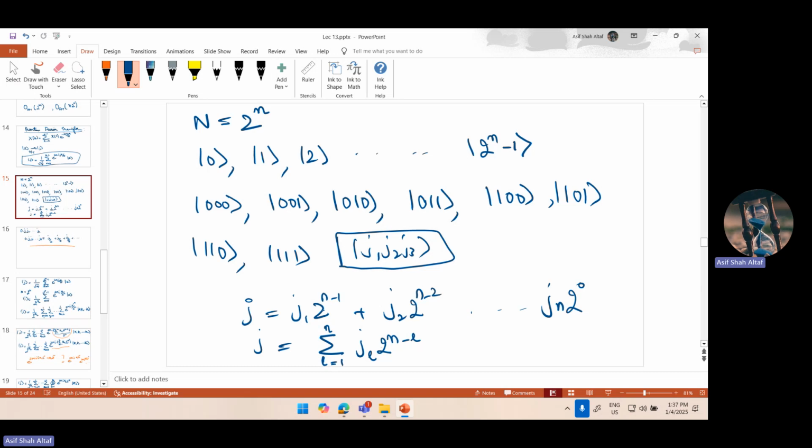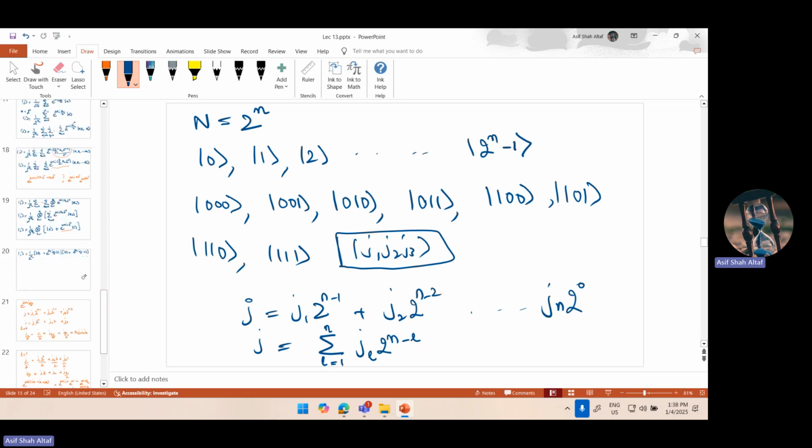It will still have 2 to the power n minus 2, which is a dominating term. Only for this term here, jn, this 2 raised to power 0 is 1, so you will have jn divided by 2. So all these terms will contribute to 1. This will only contribute to the fraction. For j squared, this term will contribute to jn by j squared, and then the jn minus 1 will be divided by 2. So those two will contribute.